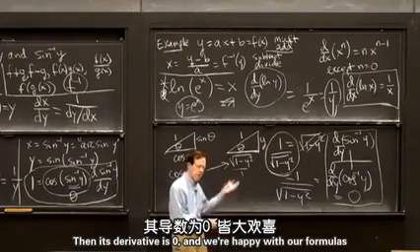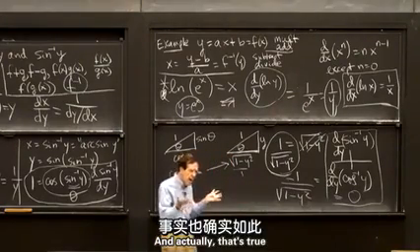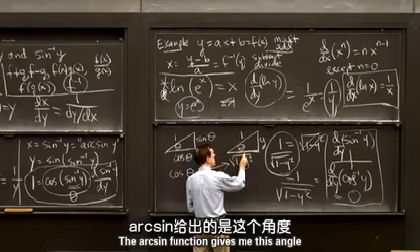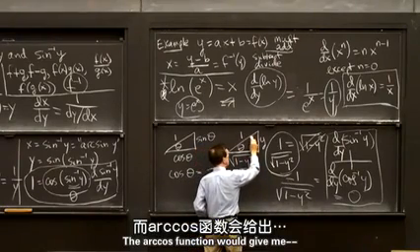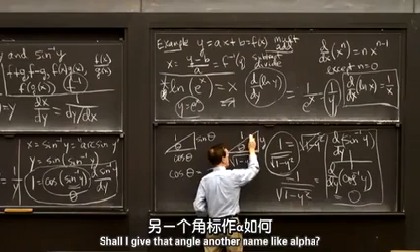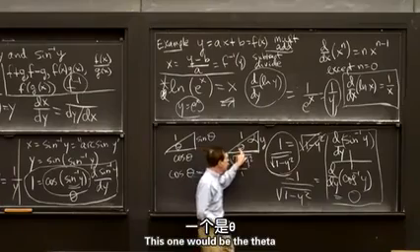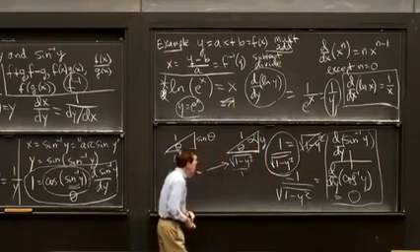Then its derivative is 0, and we're happy with our formulas. And actually, that's true. The arc sine function gives me this angle. The arc cosine function would give me, shall I give that angle another name like alpha? This one would be the theta. That one would be the alpha.